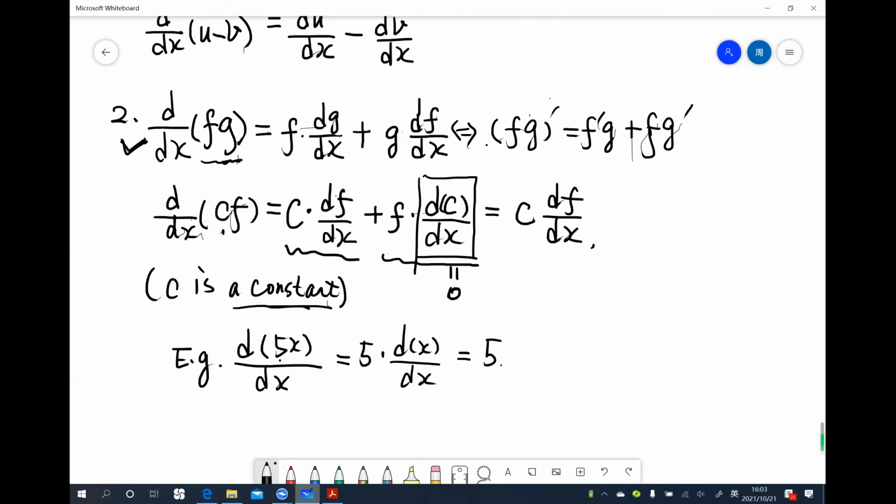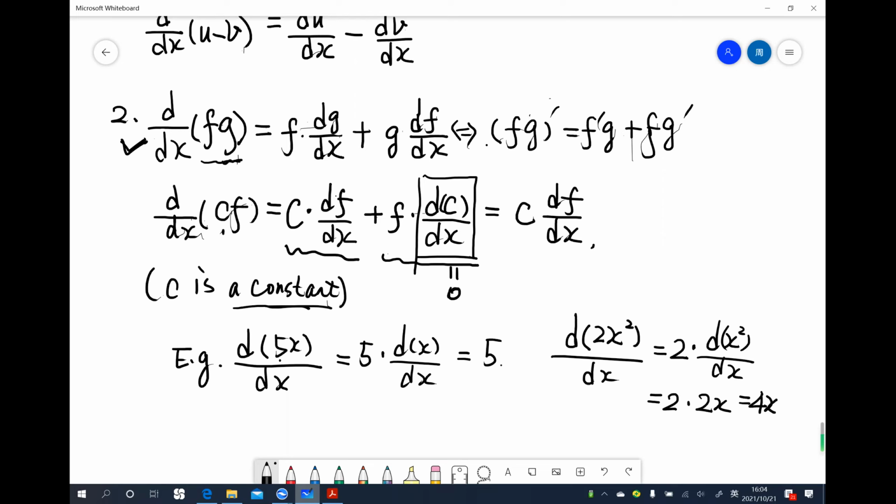Another example: calculate d(2x squared)/dx. That equals 2 times d(x squared)/dx, which equals 2 times 2x, equal to 4x.